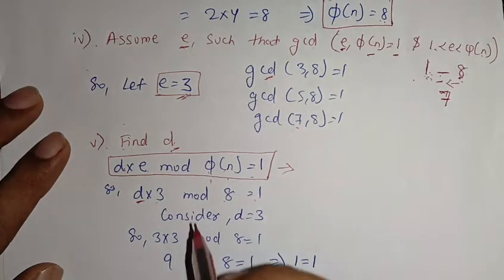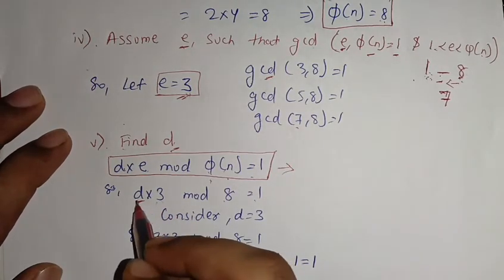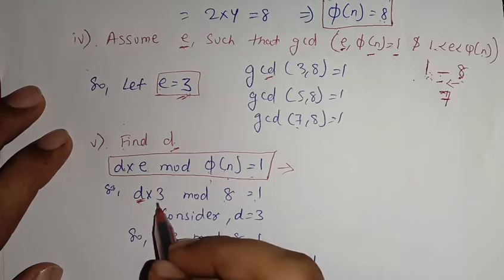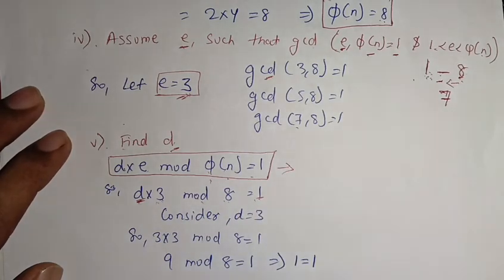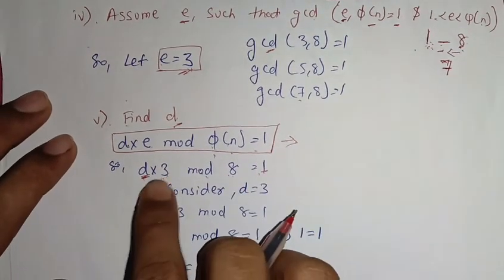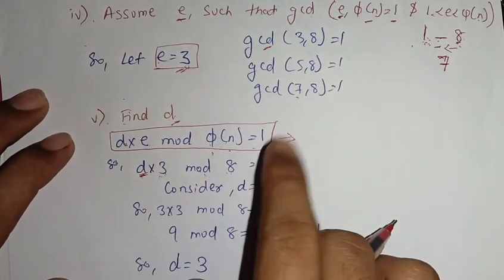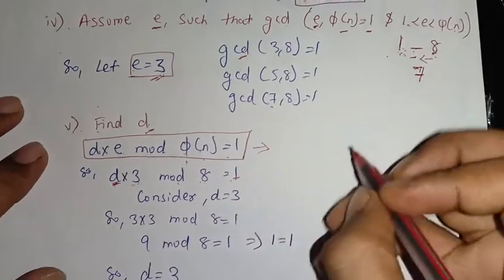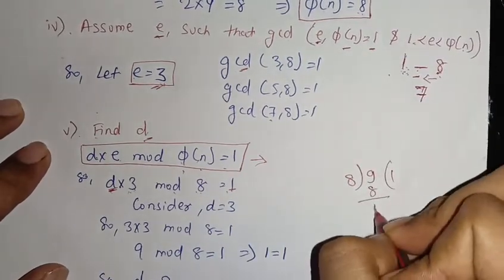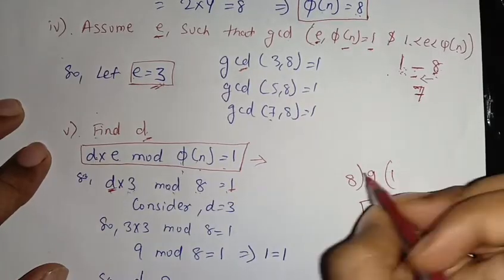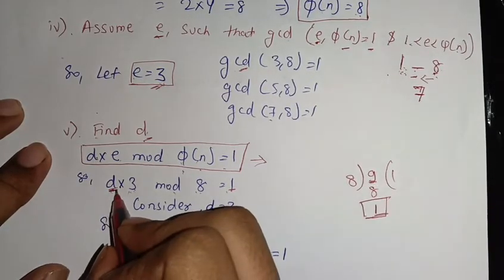It should be 1. So what will be the value of d? When we multiply it with 3 mod 8, the value should be 1. So it's obvious, 9 mod 8 will be 1, meaning when we divide 9 by 8, the remainder will be 1. So simple, the d value will be 3.